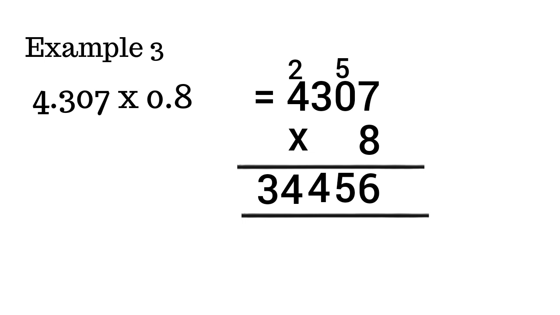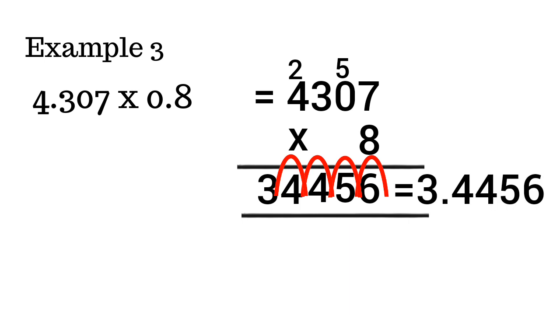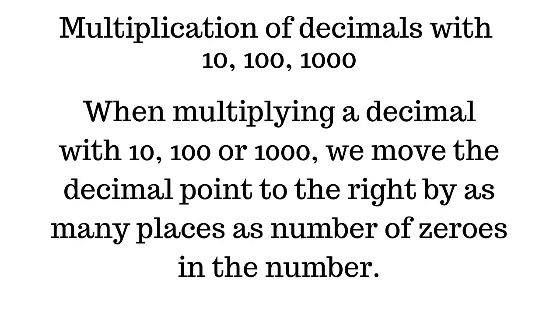The total number of decimal places is 4. So we will fix that. 1, 2, 3, 4. So our final answer is 3.4456.